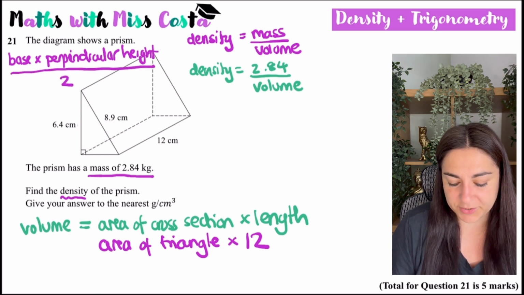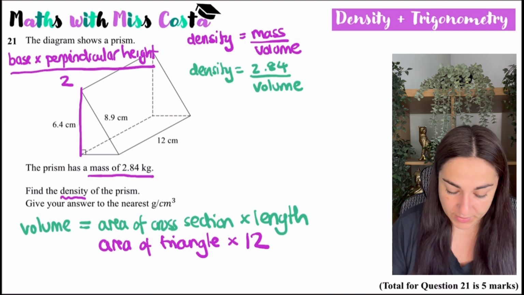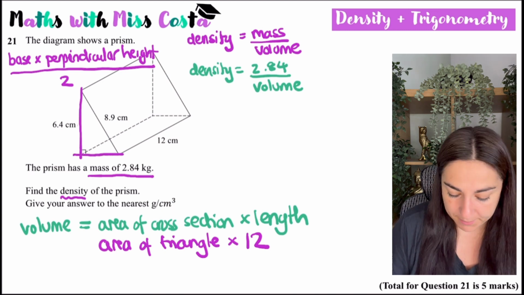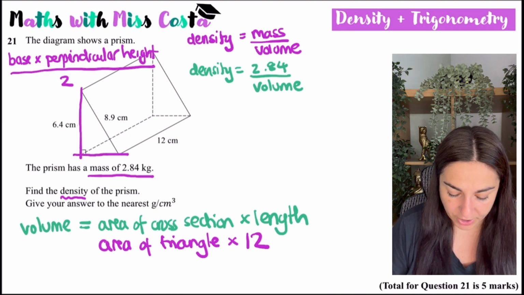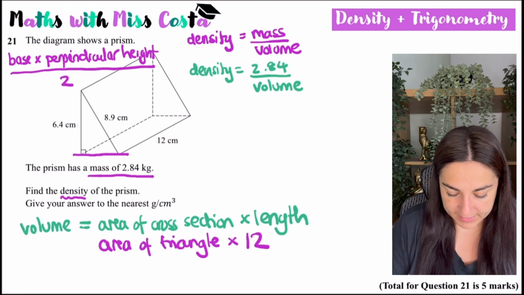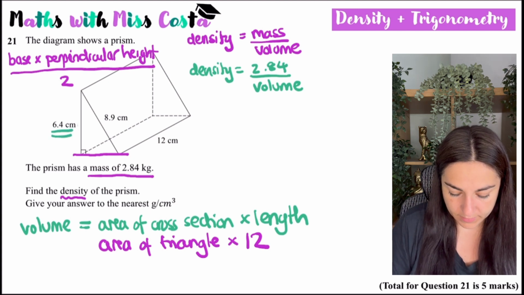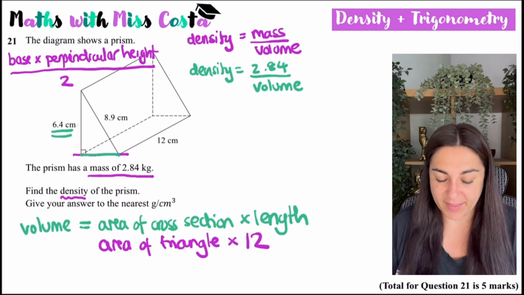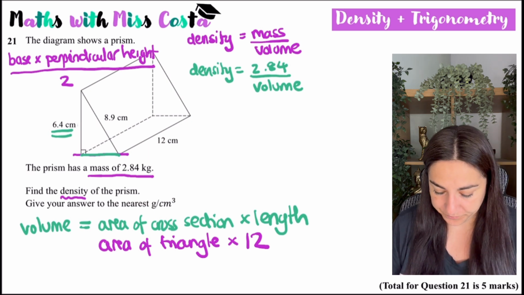So frequently you just say base times height divided by 2, but what's important is that it's the perpendicular height. So we've been given the perpendicular height here, so that's 6.4, but we haven't been given the base. So that's the thing that we're going to need to work out.